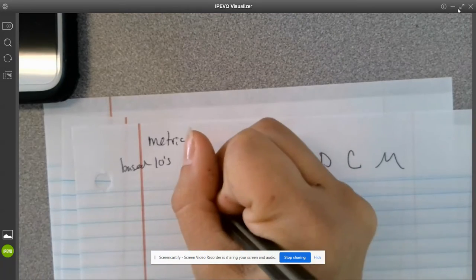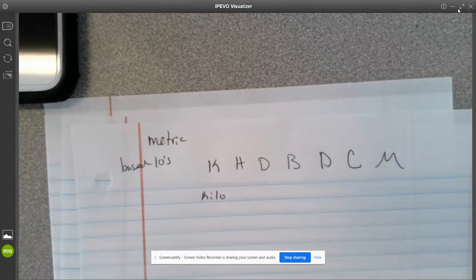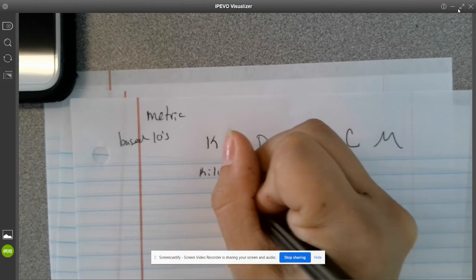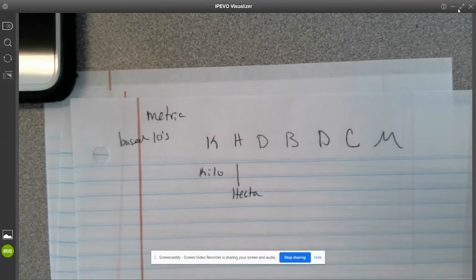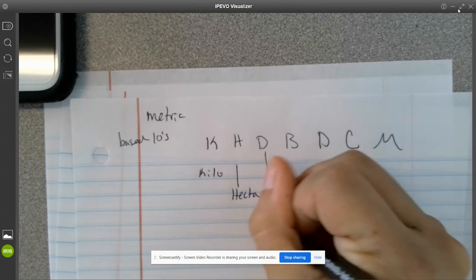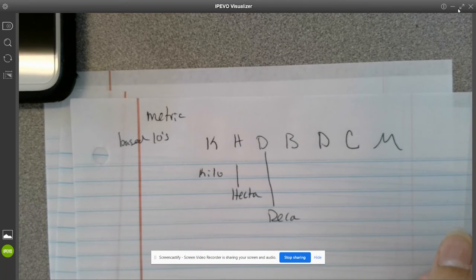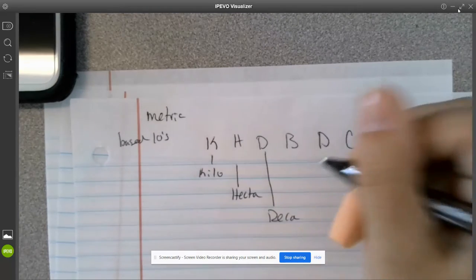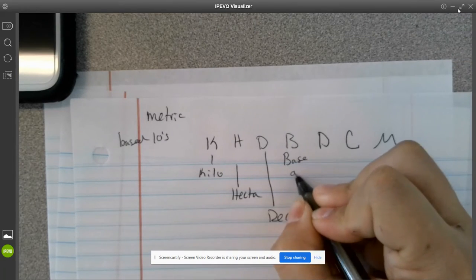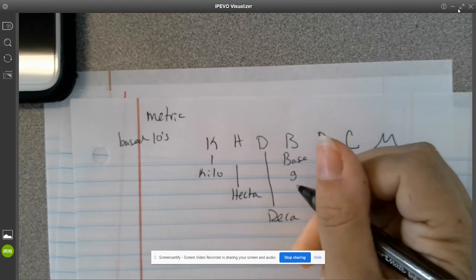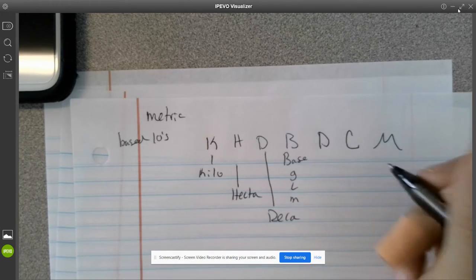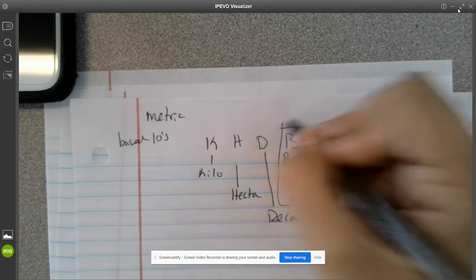King is going to stand for kilo. H is going to stand for hecta. And our D here is going to stand for deca. B is our base unit. That'll either be grams or liters or meters. And that will be your base unit.